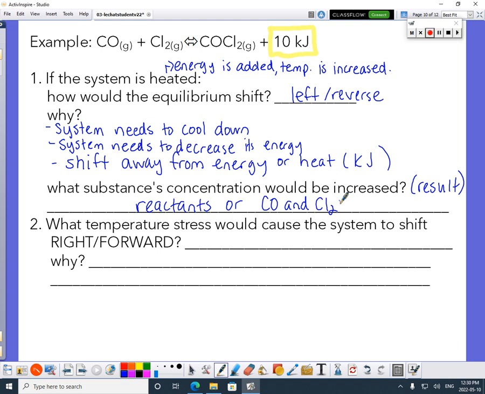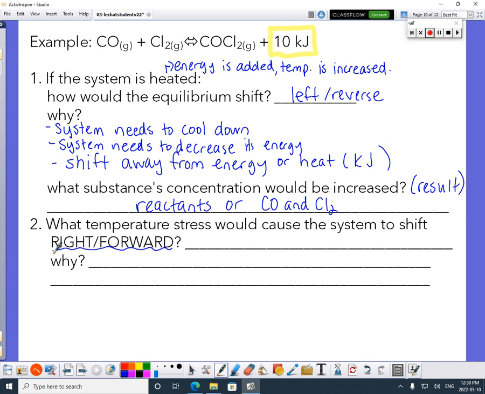So in number 2, now I'm telling you I want it to go forward or right. So what temperature stress should you apply? So again, you can still do this by thinking of the why first if you would like. So if we go to the right or forward, is energy on that side? On the right-hand side, or the forward direction?